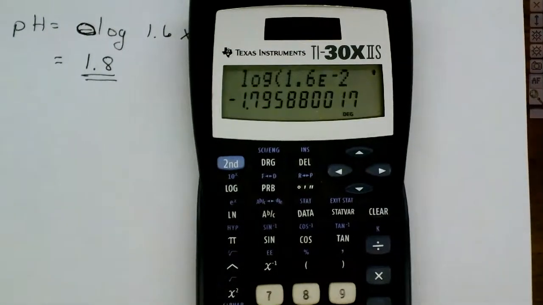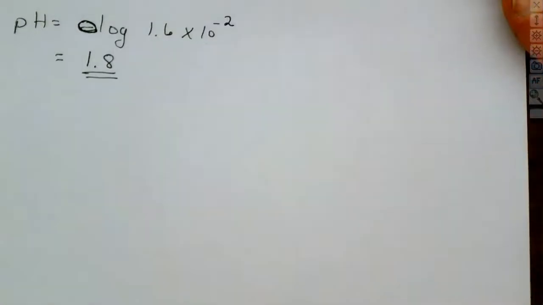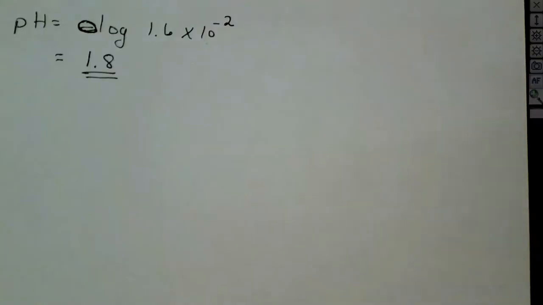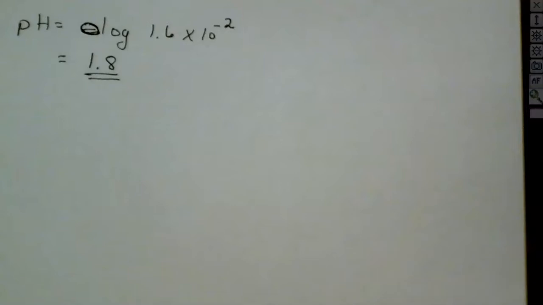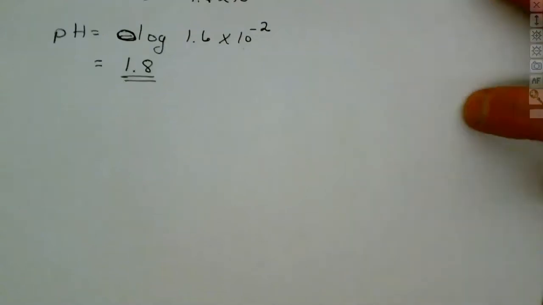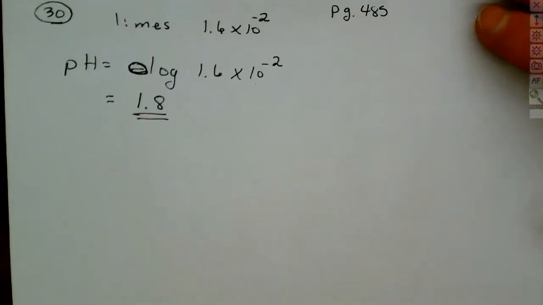Now I know it's a negative value, but what do I know about pHs? So I just remember mentally to change it. You can either put the negative in front, which I generally don't do, or make a mental note that pHs are positive, so change it. Usually you round the pHs to the nearest tenth. That makes sense because we would expect limes to be on the acid side.